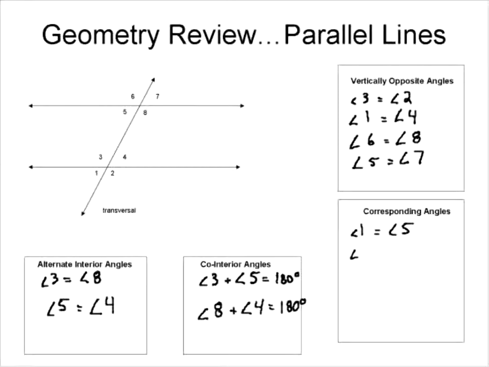The other corresponding angles, well, angle 3 corresponds with angle 6. Angle 2 is corresponding with angle 8, and angle 4 is corresponding to angle 7. So that's how the angles relate to each other.